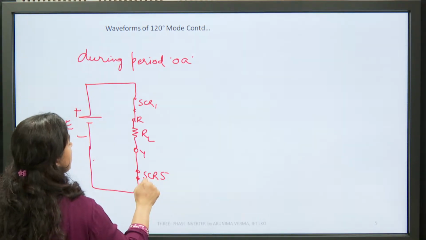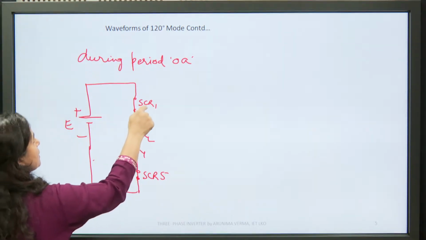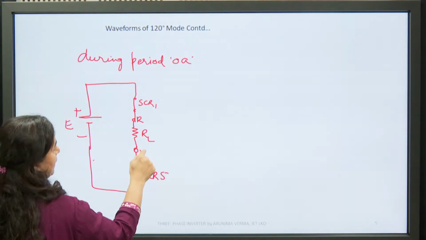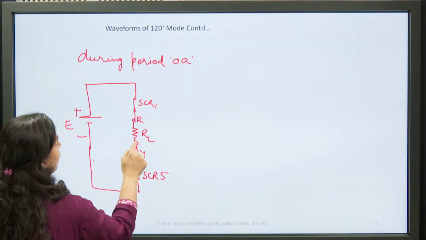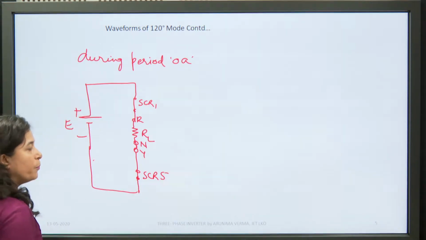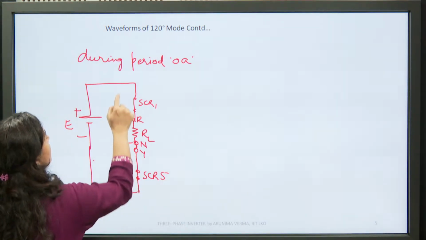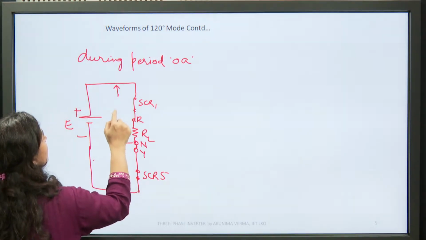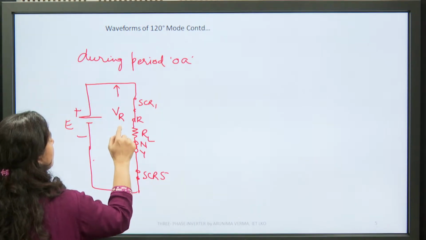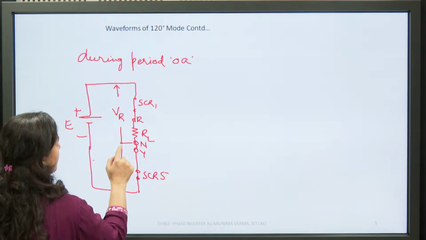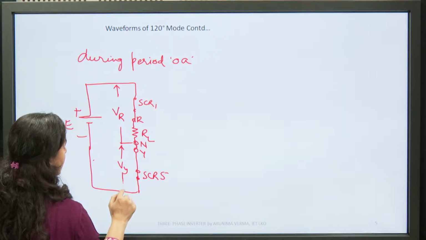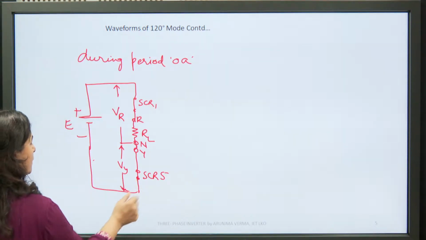Now, in this case this E voltage is getting divided, and in between we have N also, which is a neutral point. So, the measurement of this will be VR and this one is Vy. Okay.